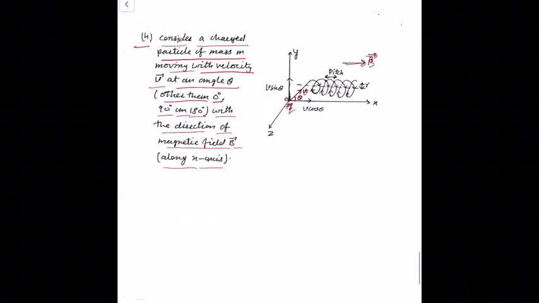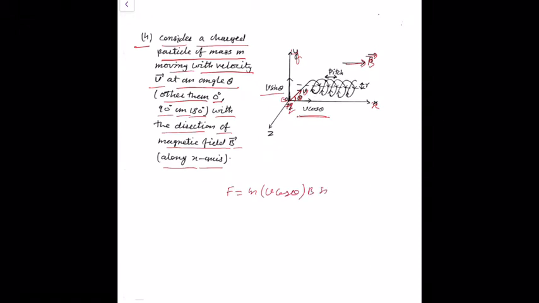Here angle theta. First component v cos theta along the direction of magnetic field, that is along the x-axis. Okay, and second component v sin theta along normal to the direction of magnetic field, means along y.